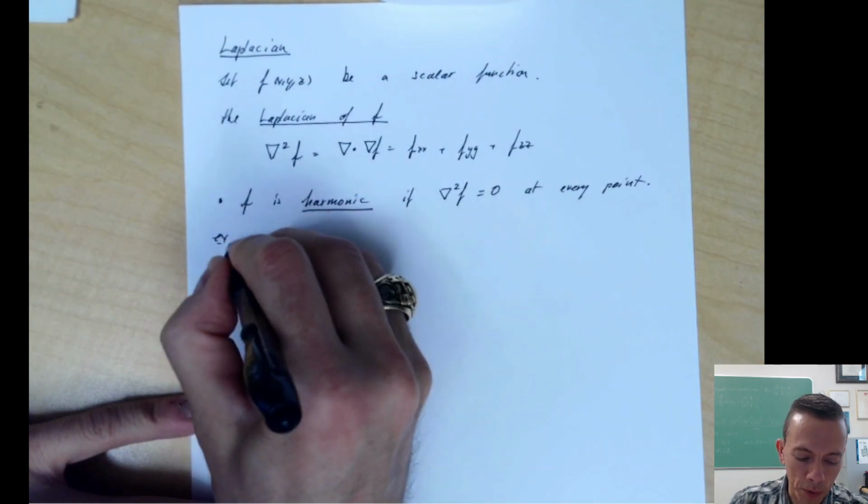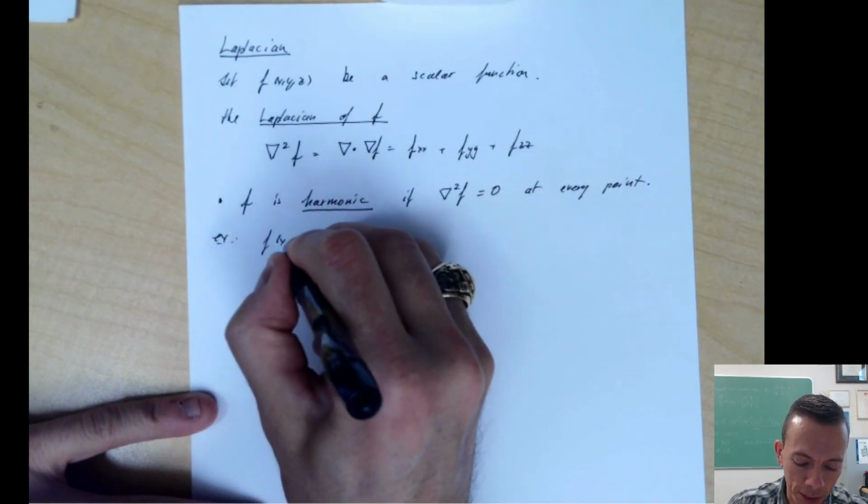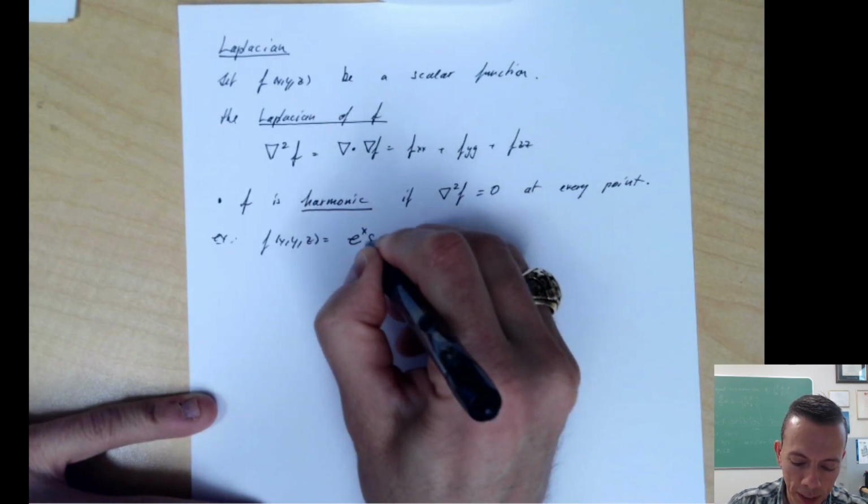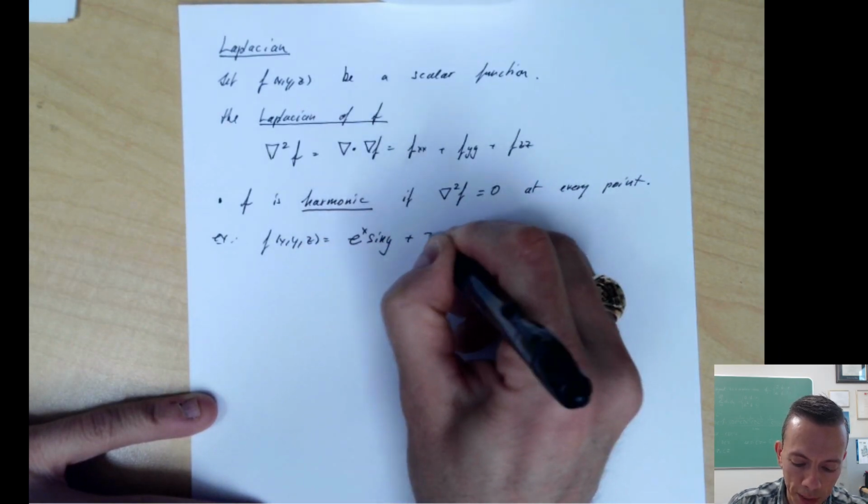So here's an example of a harmonic function. If you take the function f of x, y, z equals e to the x sine y plus z.